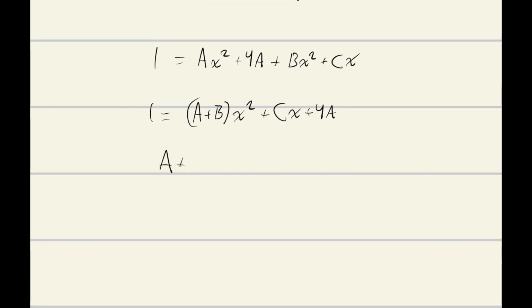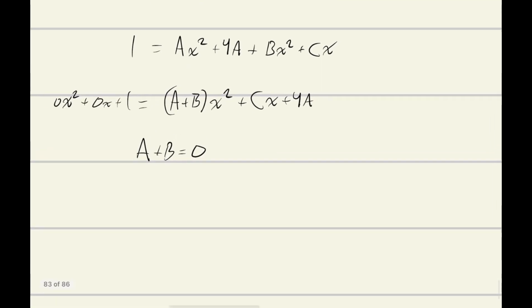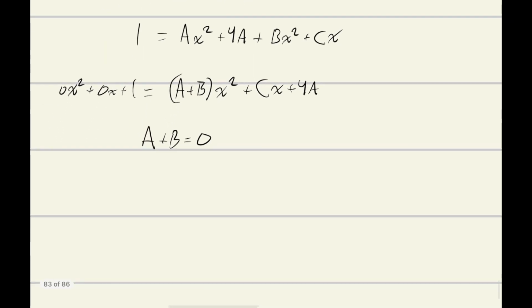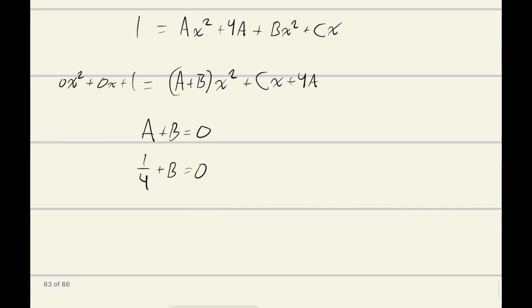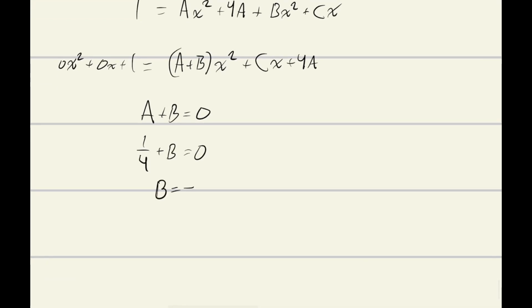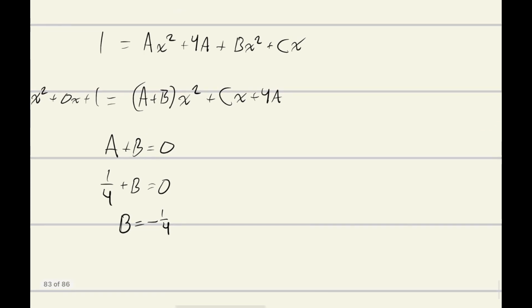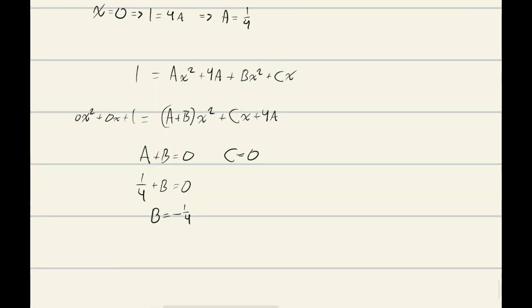And we know that a plus b has to be equal to 0, since there is a 0x squared here and a 0x. Since we know a is 1/4, that would make b equal to negative 1/4. And we can find c is equal to 0 from right there.